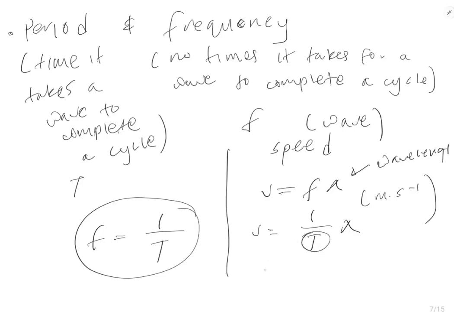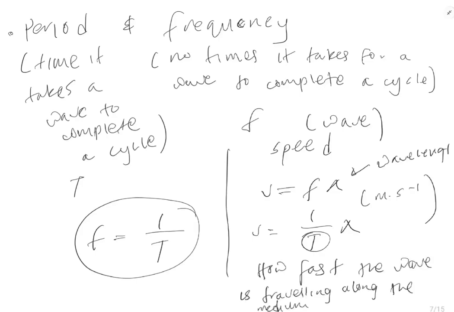So wave speed describes how fast the wave is traveling along the medium. As we go down the road, we're going to see that for light the speed is described as c, which we call the speed of light. But in most cases, we will have our variables.